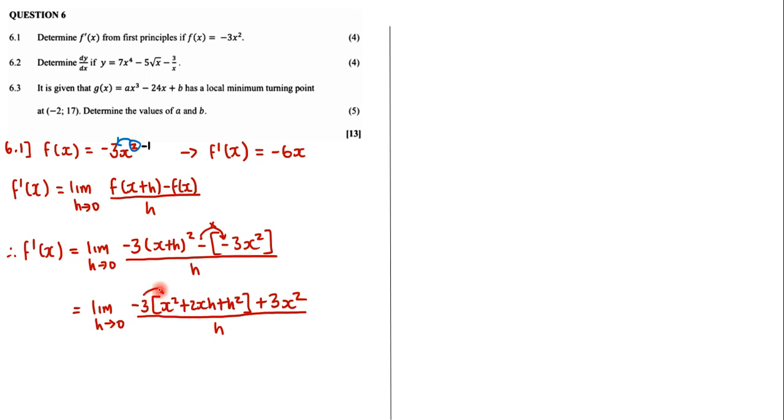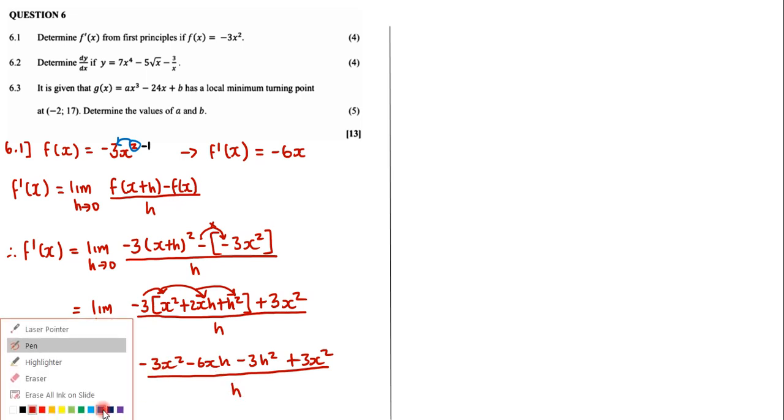And from here, I'm going to multiply this minus 3 inside there, and there. So when I do that, I still keep my limit. Then this becomes minus 3x squared minus 6xh and minus 3h squared, right? Then I still have plus 3x squared, and all of this is still divided by h.